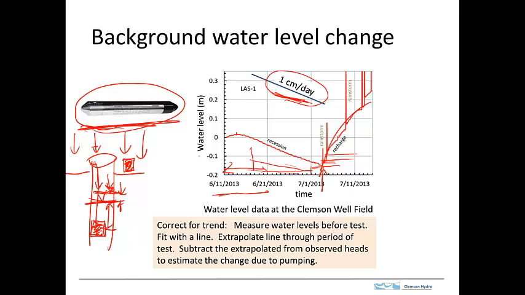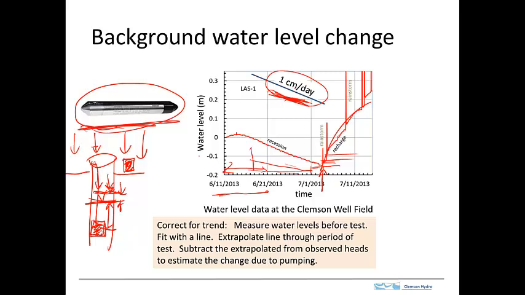So this is something that is often done, and for pumping tests done at a professional level, you really need to take this into account to have credible data. So we'll measure this and show you how to make these corrections for the long-term pumping test in particular.